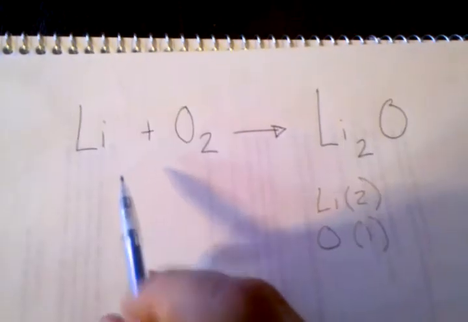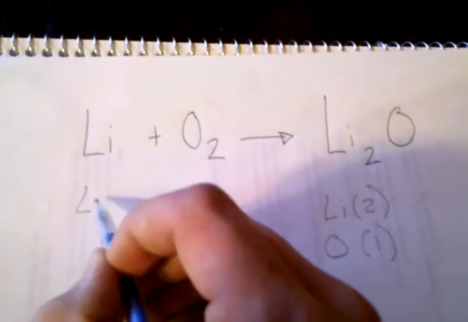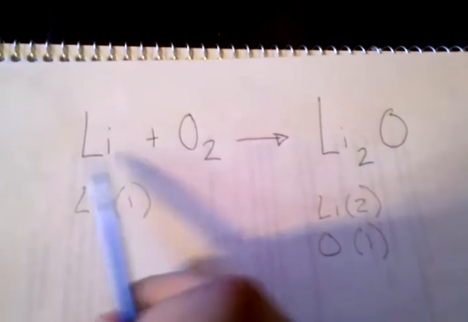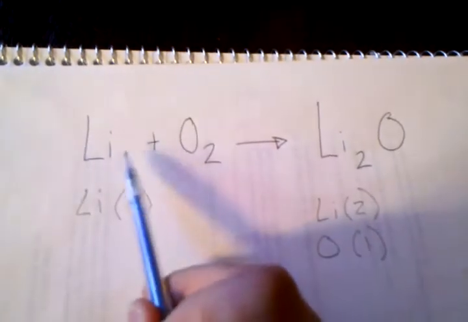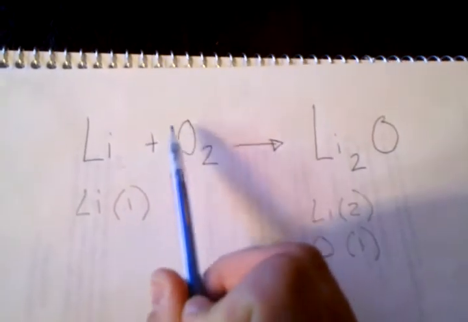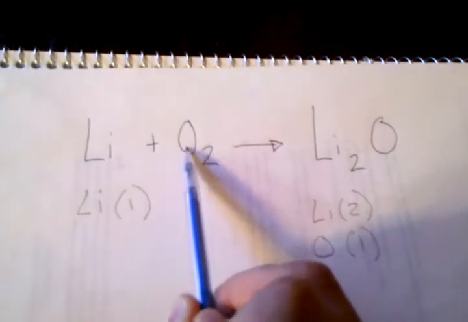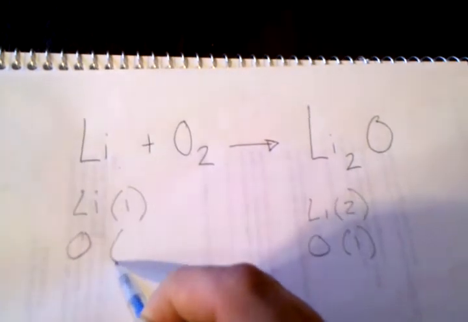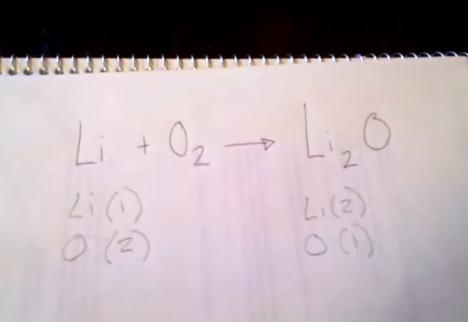Go to the left hand side. With the lithium here, I only have 1 lithium atom, because there's no coefficient in the beginning and no subscript at the bottom. So I only have 1. With the oxygen compound here, I have 2 oxygen atoms, and I'll illustrate that with 2.